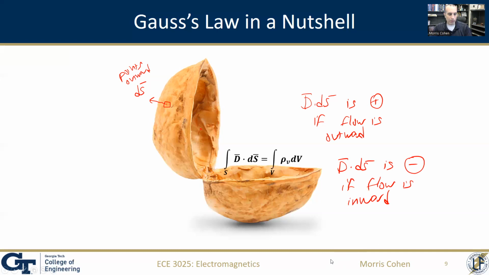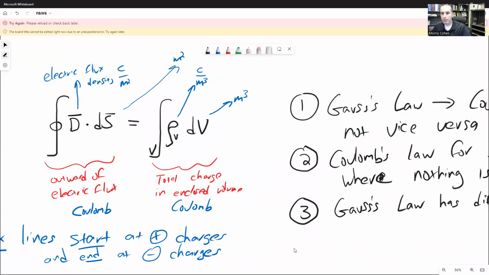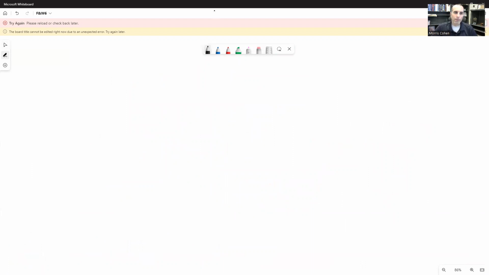Now, the way you would actually apply Gauss's law in reality to solve an electric field problem, where I give you some configuration of either charges or fields and ask you to find the other one, is as follows. Number one, you choose a coordinate system.